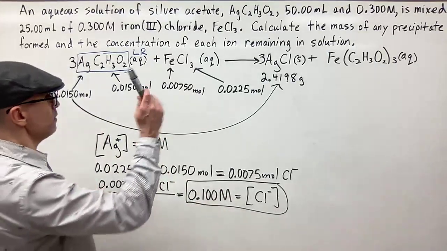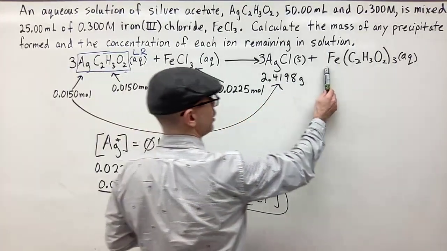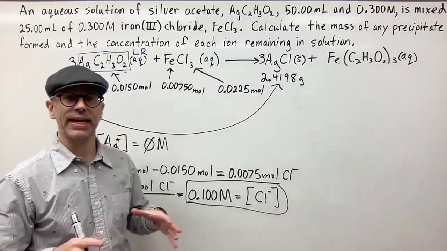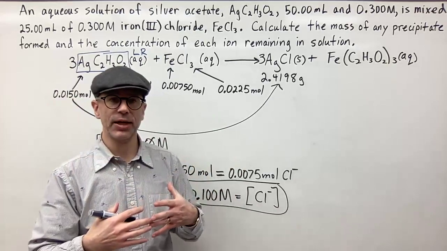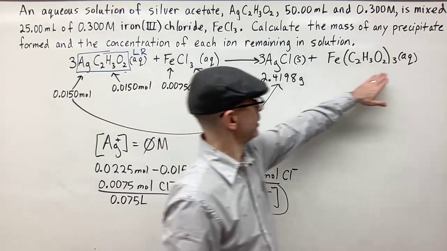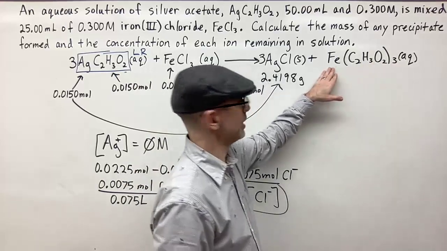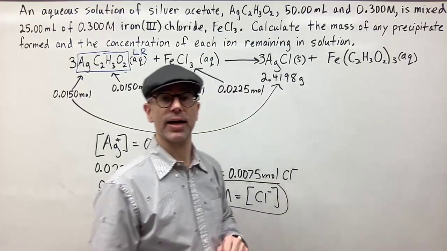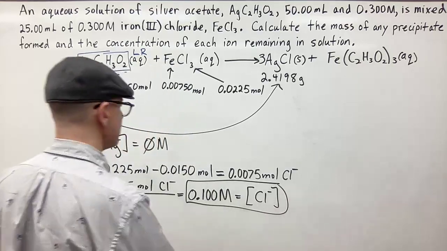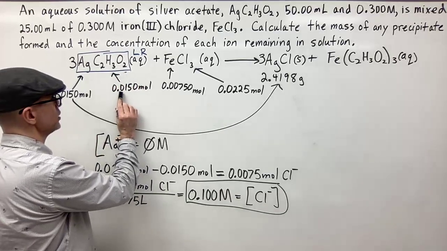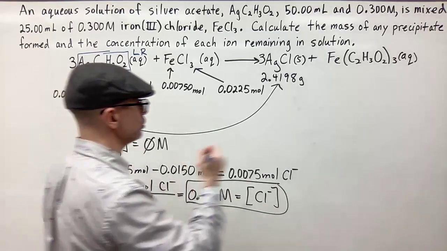Now, for the other two ions, it's iron 3 ion and the acetate ion. Since they did not come together, they're not forming a solid, they're still floating around in solution. That's what the aqueous means. So I can just take the mole amounts and divide those by the liters. So for the acetate, I have 0.0150 moles.